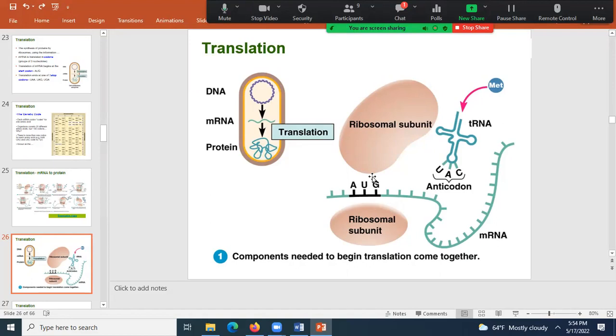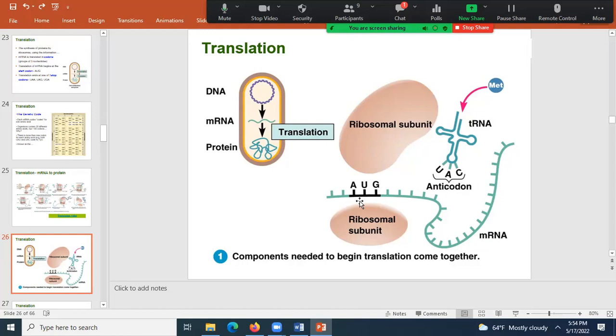Now, there's another component that's needed to begin protein translation, and that is the tRNA. The tRNA is important because it brings in the amino acid, and the tRNA is actually the one reading the messenger RNA, meaning the anticodon binds to the codon.